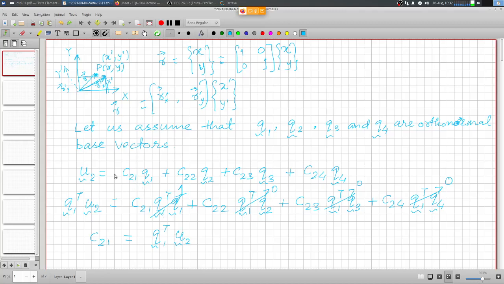So u2 will be defined as c21 times q1. So q1 is scaled by a factor c21, so that's the magnitude. And then that vector, this particular q1 multiplied by c21, is added to this vector, and then added to this vector, and then added to this vector to make up this u2. So if I want to remove everything that u2 has along q1, then I just need to remove this trace.